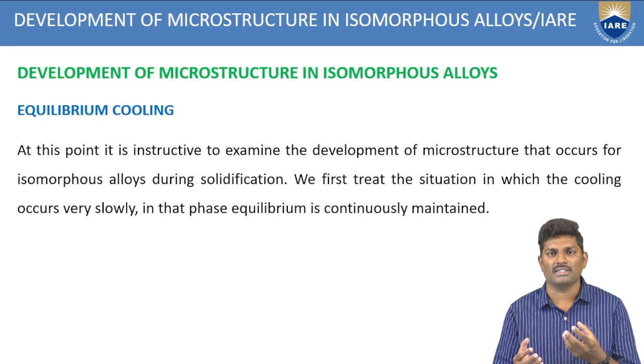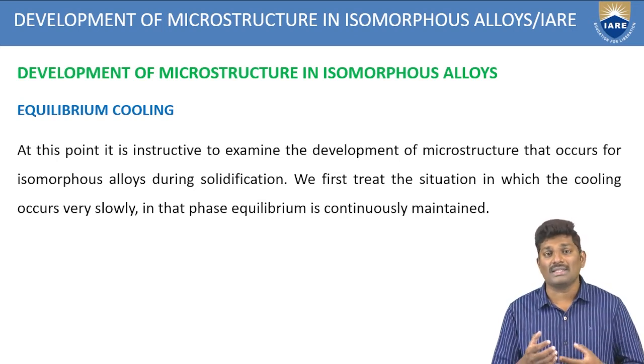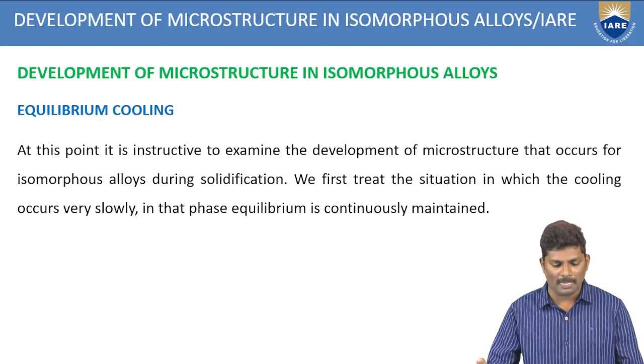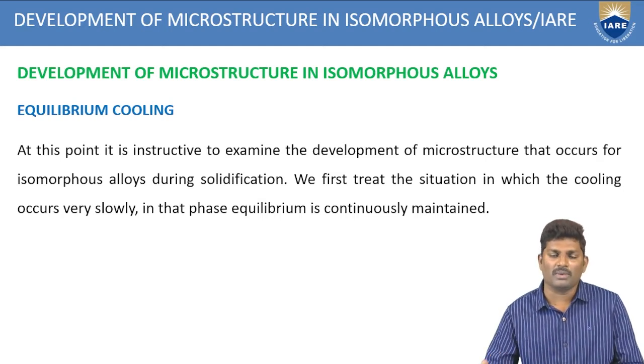So slowly this process is being cooled. During this cooling process, what are the changes in the microstructure at different temperatures? We'll find out. So now, equilibrium cooling in the development of microstructure for the isomorphous alloys.